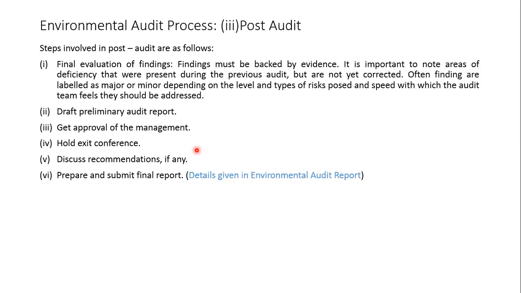So in this final report, the auditor team sitting together in approval with the management, they will give some suggestions. They can recommend some suggestions. Okay, so those suggestions will be there in the final report. In the preliminary report, the suggestions will not be there, but in the final report, the suggestions will be there.